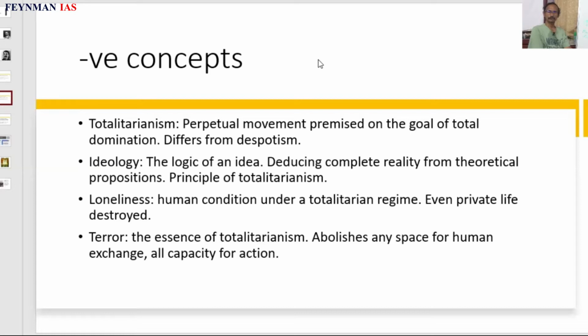So everything comes under the state. And terror is the essence of totalitarianism, abolishes any space for human exchange, all capacity for action. And loneliness is the human condition under a totalitarian regime, even private life destroyed.